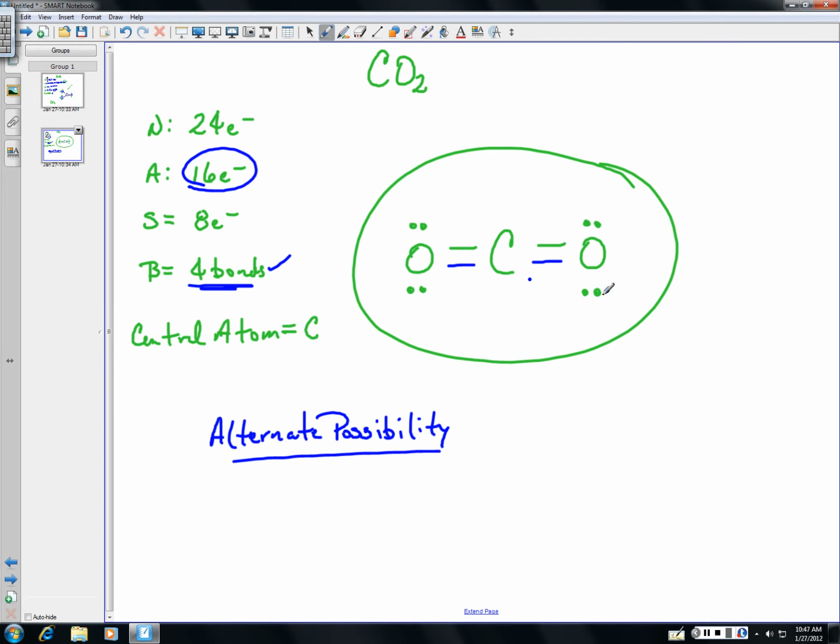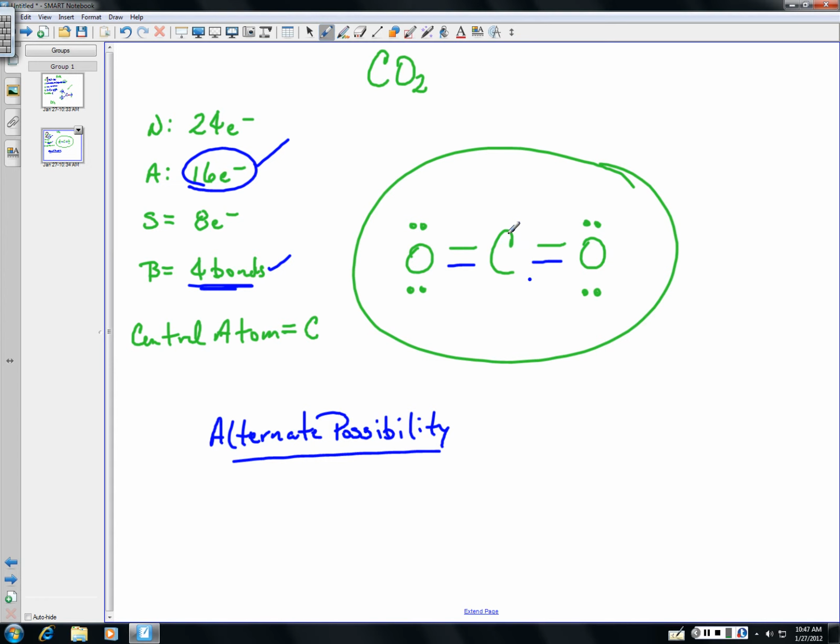And so now the oxygens each have 8, so I'm going to count how many I've used. 2, 4, 6, 8 for that oxygen there. 2, 4, 6, 8 there, so that's 16 electrons assigned. And I needed to only show 16, so that's good. Does everybody have 8? The check is yes. Each oxygen has 8. And the carbon has 4 bonds around it, each containing 2 electrons, so it has 8 electrons.